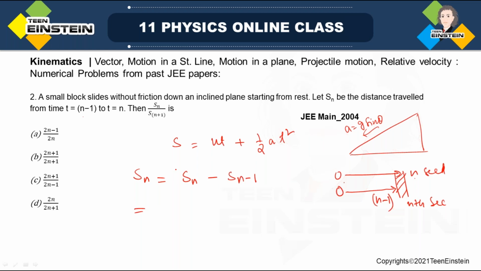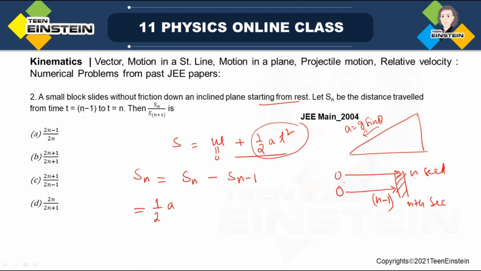So let us write according to this. Since it is starting from rest, u is equal to 0. We have only this term. So first, Sn means half a, let us not write g sine theta, let us go with a itself.